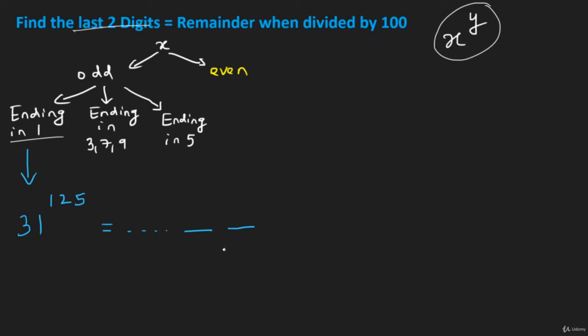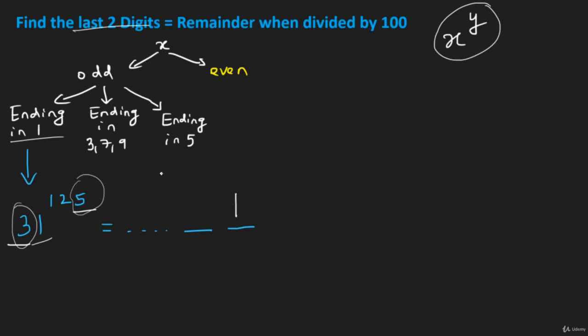Whenever the last digit is 1, you can be sure that the last digit of the result also will be 1. Now, you also need to find the tens digit. For that, take the second last digit, that's 3, and multiply it with 5, the last digit of the power.